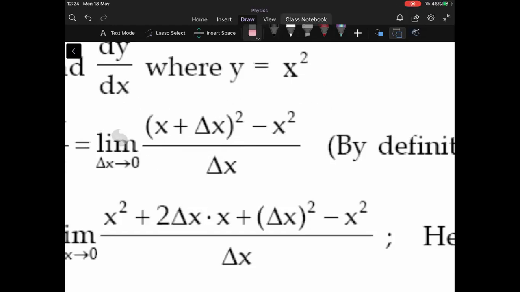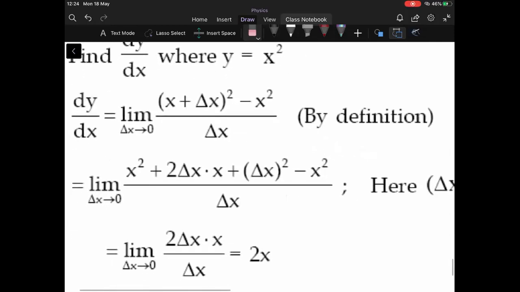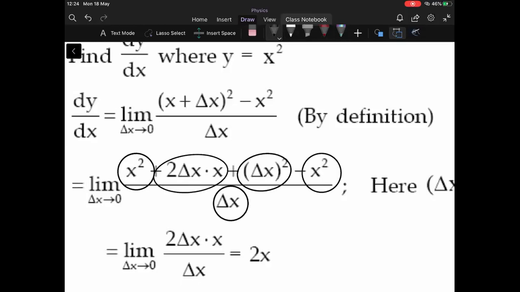Okay, so this is x plus delta x whole square, and then we divide it by delta x. When you open up this expression, you will get x square. This x square and this x square will cancel out. Now you are left with 2 x delta x plus delta x the whole square, divided by delta x.